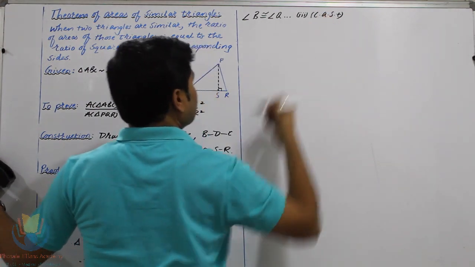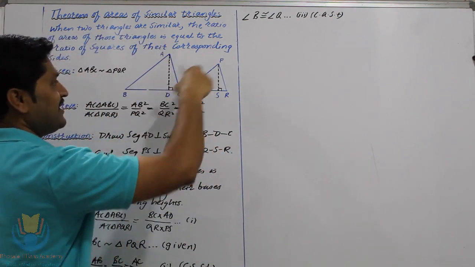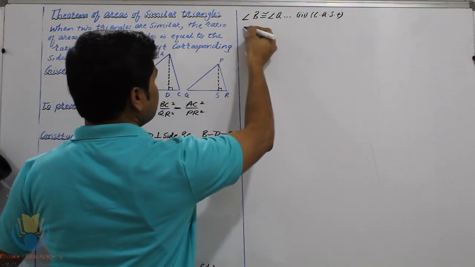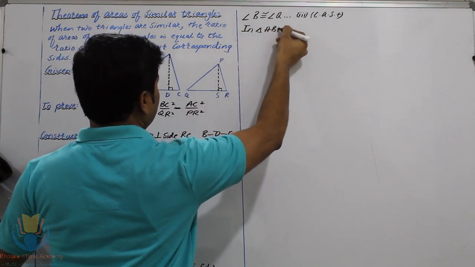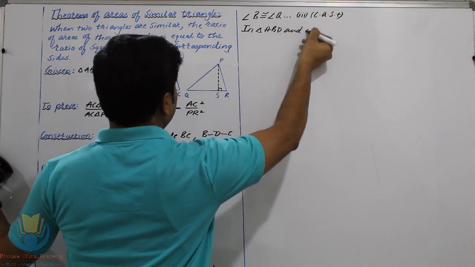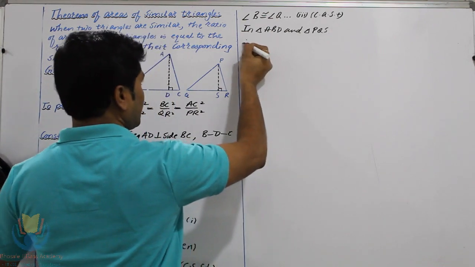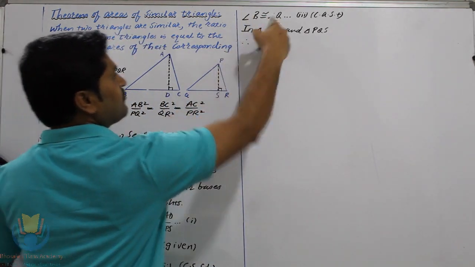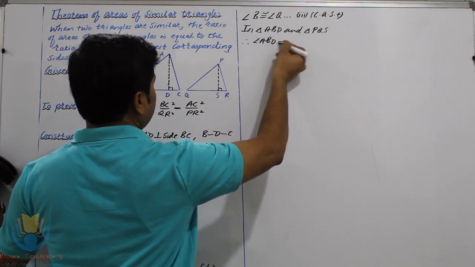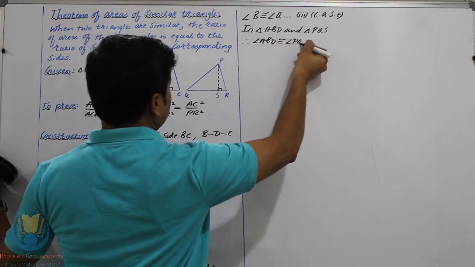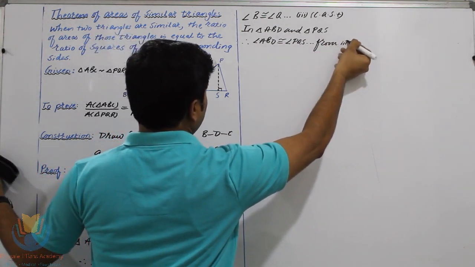Now we have to show two triangles to be similar, that is triangle ABD and triangle PQS. Let's write their names. In triangle ABD and triangle PQS, first angle ABD is congruent to angle PQS, from equation 3.